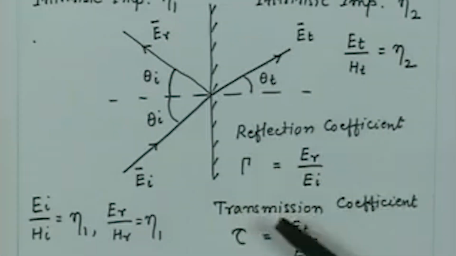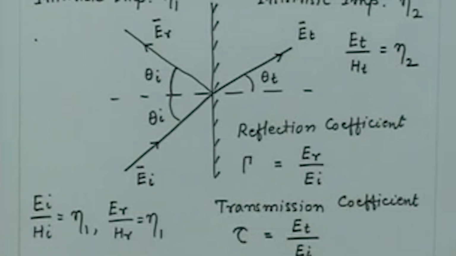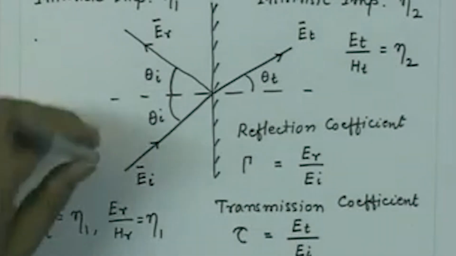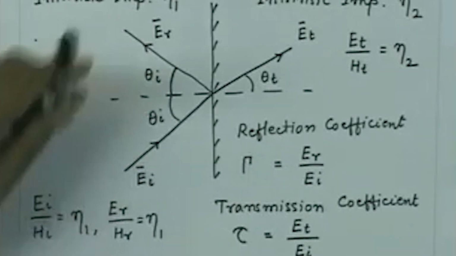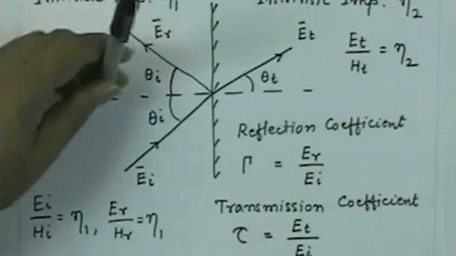So, using these relations and the boundary conditions at the interface, now we will investigate what will be the reflection and the transmission coefficient. Keep in mind now that since we are now dealing with the vector quantities, the electric and magnetic field will in general make an arbitrary angle with respect to this plane.